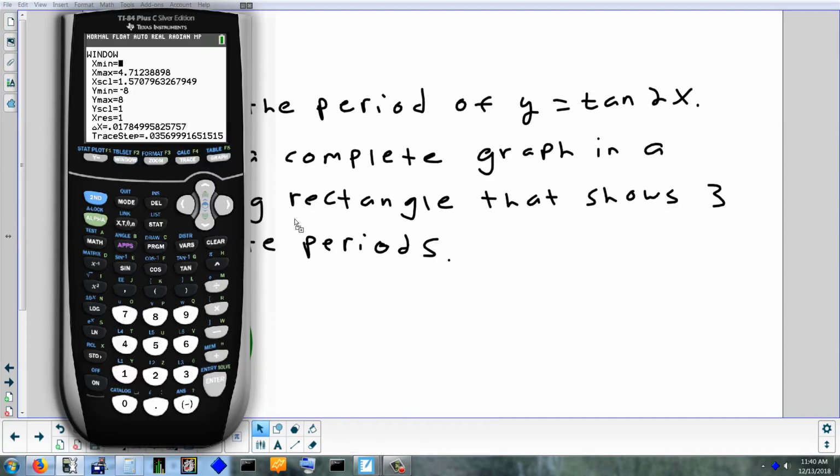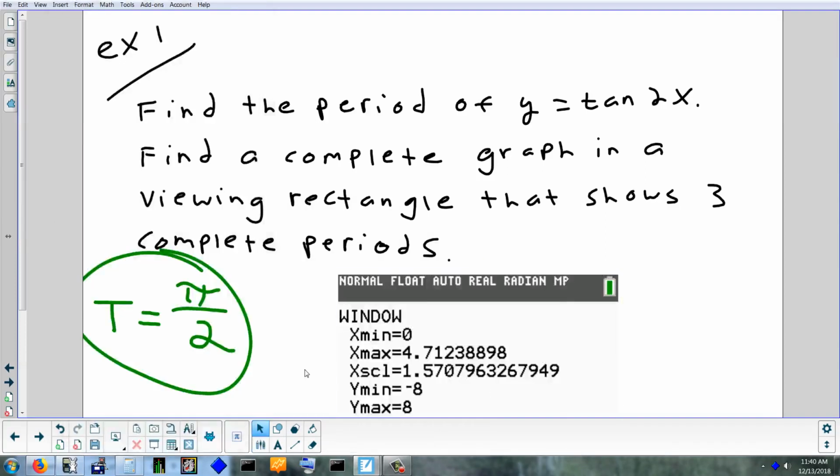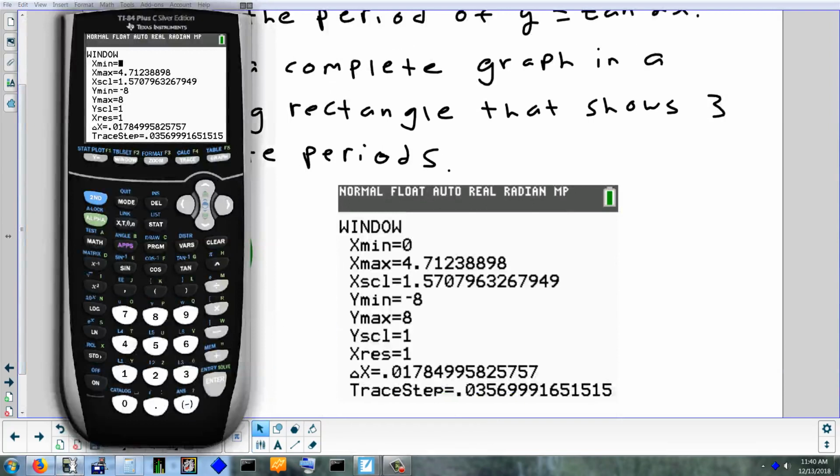This would be your window. If you didn't want to cut off a cycle, then just slide your window over a little bit. Figure out where this asymptote is, and make that the left edge of your screen. And whatever that number is, just add 4.71 to it, and that'll give you 3 cycles. But again, I'm not really worried about that right now.